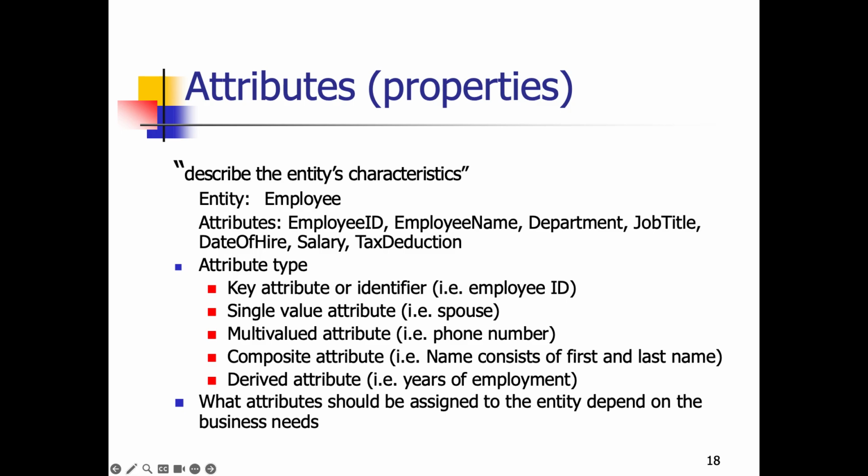Because you have date of birth and you know today's date, you can calculate the age of the employee. So you can later create a new column or attribute for this person as age, and then age can be derived from date of birth. That is what a derived attribute means.